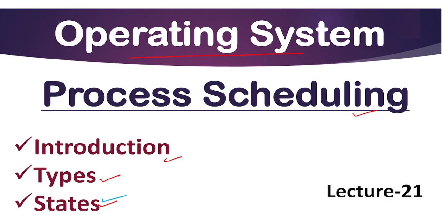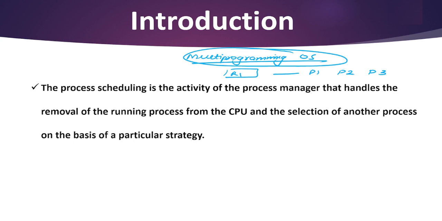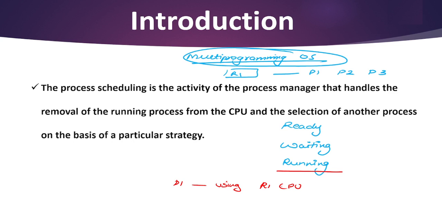Okay, so here let's talk about different states of process scheduling. So we have three different states. First is the ready state, another is the waiting state, and third we have is the running state. Let's take an example here. When process P1 is using the resource CPU, then it is called the running process, or the process is in the running state.